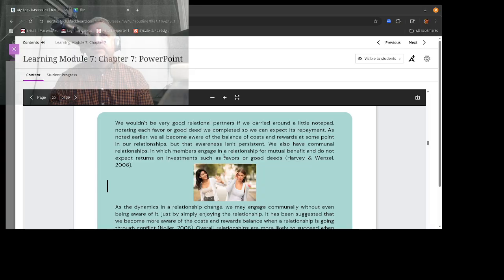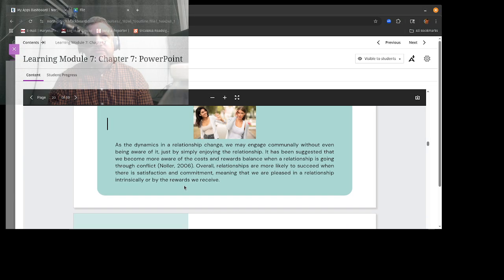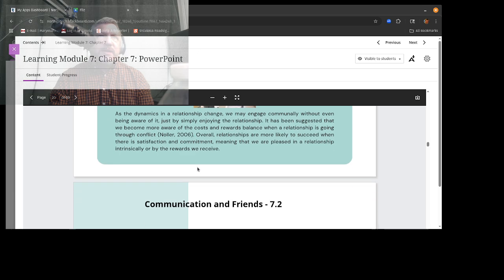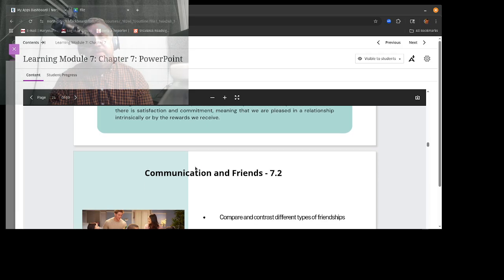We even do this, though, in communal relationships, meaning when we've got friendships, right? We measure the cost versus rewards, and we decide whether we're going to keep a friendship running. We just do these things without really a ton of thought. It's more subconscious than it is conscious, although we think about them.